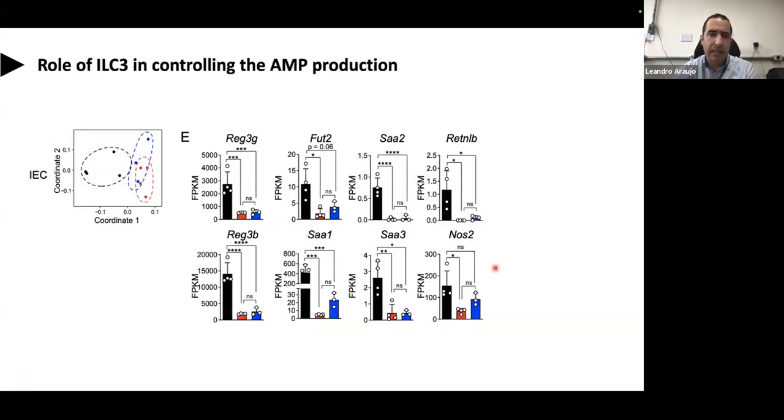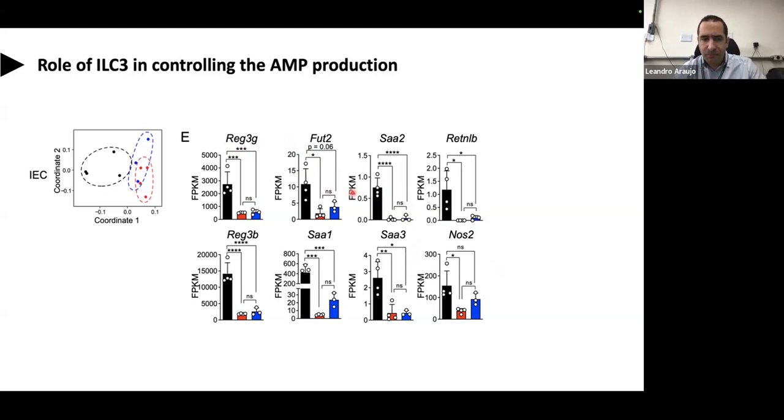But when we analyzed the intestinal epithelial cells, we scraped and isolated these cells and did a bulk RNA-seq. We can appreciate here that most of the antimicrobial peptides are depleted or very lowly expressed in these mice, showing that ILC3s basically control the epithelial genes and antimicrobial peptide production, as is expected from the literature.